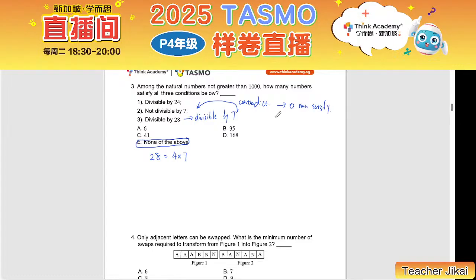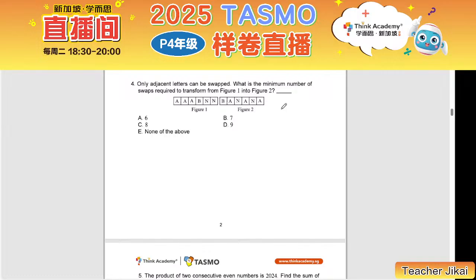Okay, then we are going to question 4. We have adjacent letters and the minimum number of swaps, from A, B, N to banana. So what should we do? For this, we need to make B and N go left. If we go left one grid, we make one swap, right?